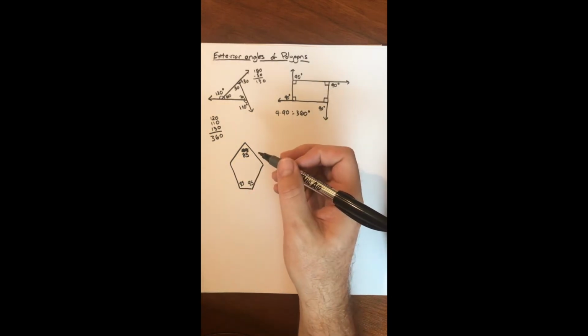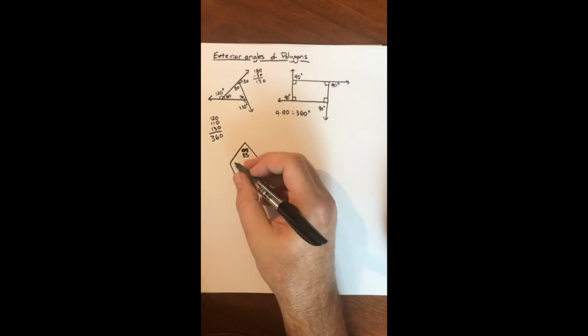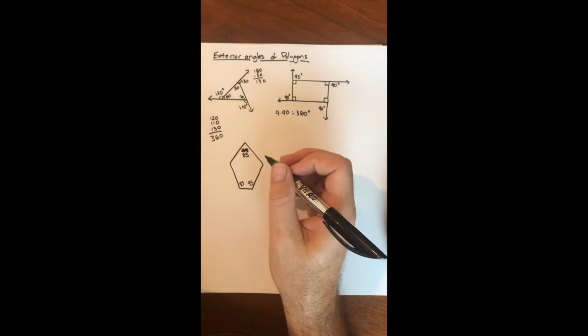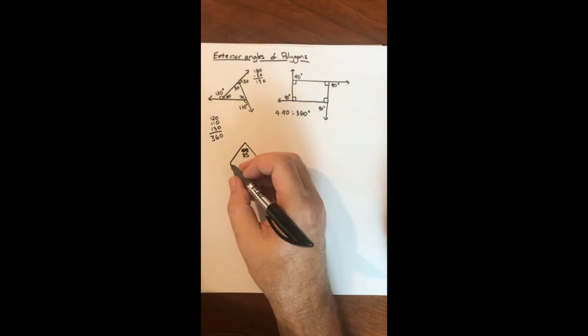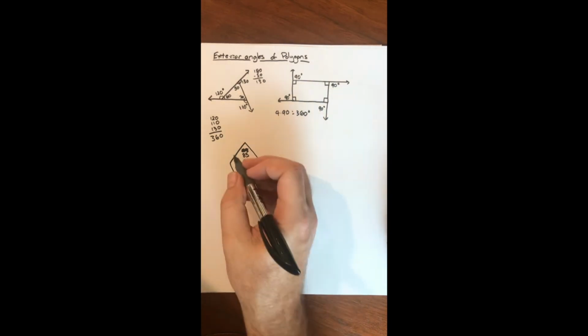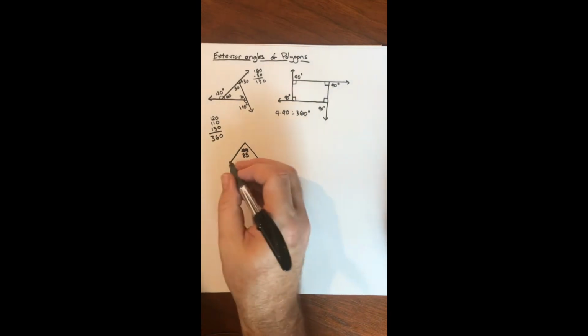Leaving me with 100. So let's do, I'd say this one's like 125 maybe? There's a 90 degree. Let's try 125.